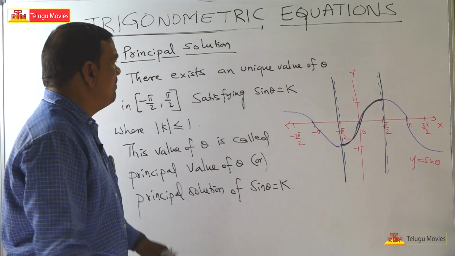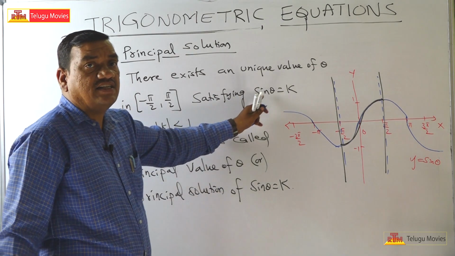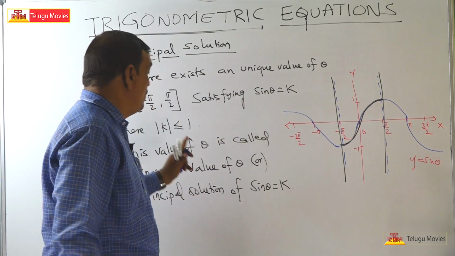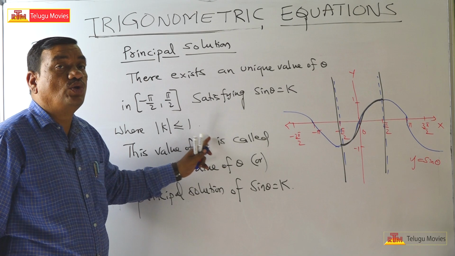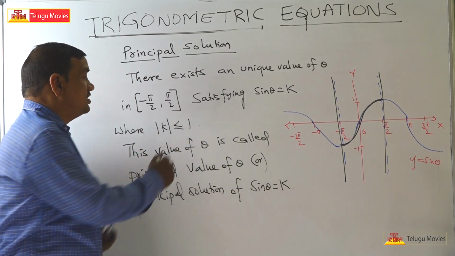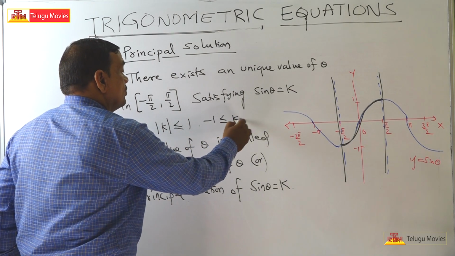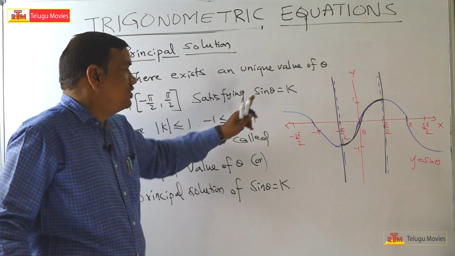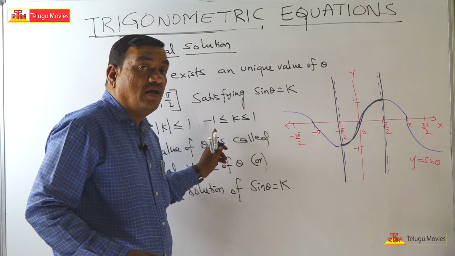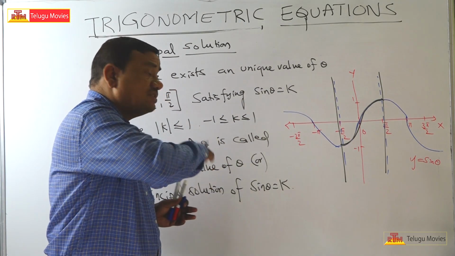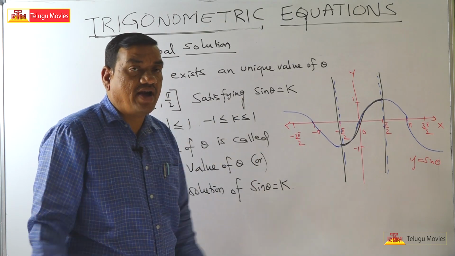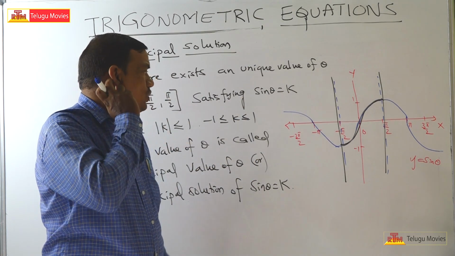Now whatever value you take, sin theta is equal to k. k may be any value that lies between minus 1 to 1. This means minus 1 less than or equal to k less than or equal to 1. That means the range of sin theta has maximum value 1, minimum value minus 1. From minus 1 to 1, you take any value.